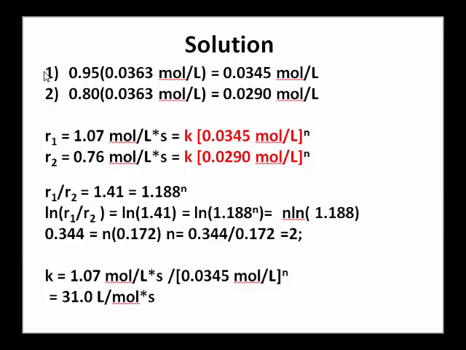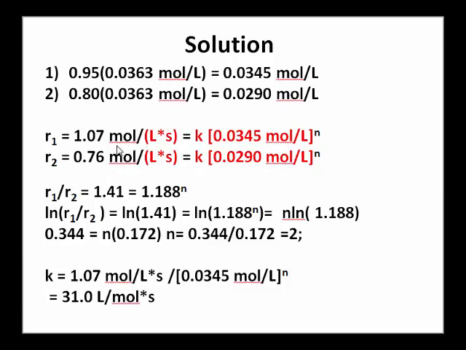Right, so we had, again, two situations, and we now know the concentration for each. We were given the rates within the problem at those concentrations, 1.07 moles per liter per second, and 0.76 moles per liter per second.